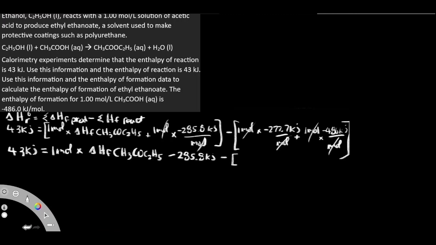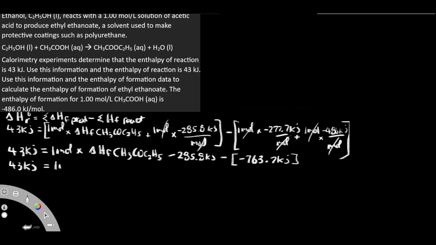I'm just going to quickly use my calculator. And I end up getting negative 763.7 kilojoules. Let's keep writing it out as we go along. And let's add these two together, and you get 477.9.